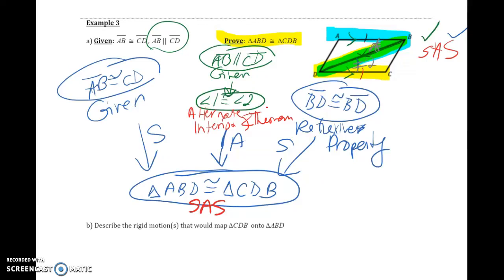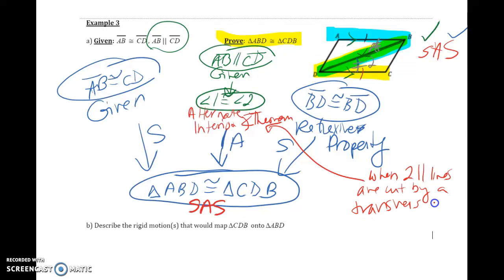if you remember what that means, or you have to write what it says, what that theorem states, which says when two parallel lines are cut by a transversal, the alternate interior angles are congruent.